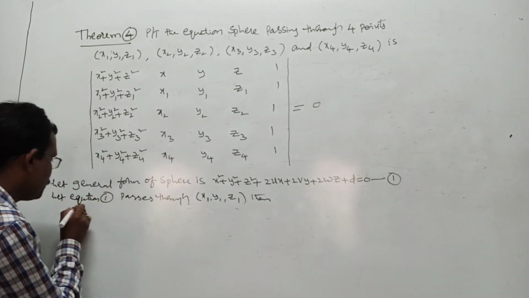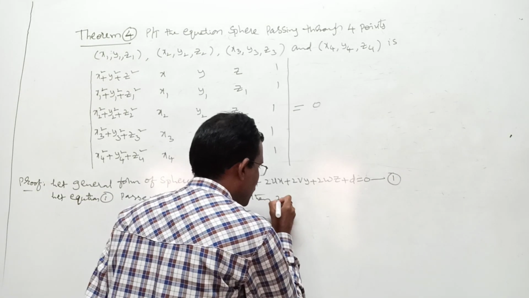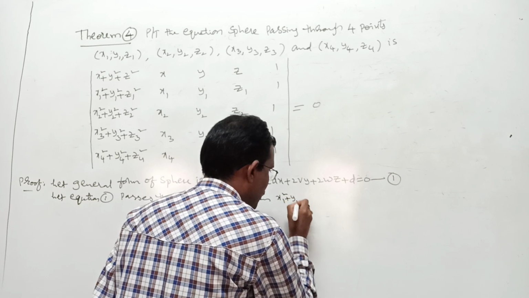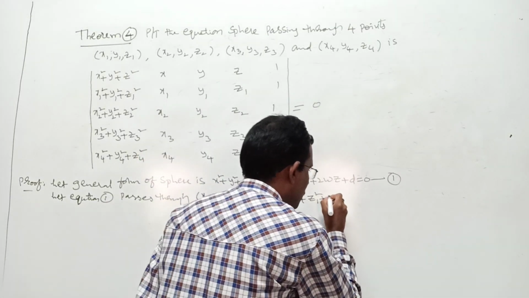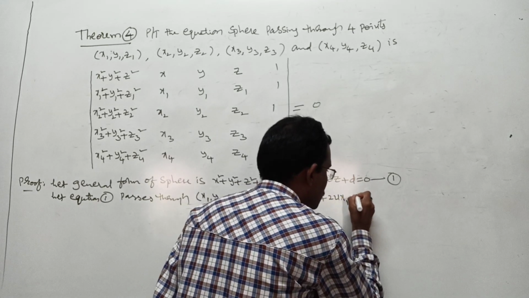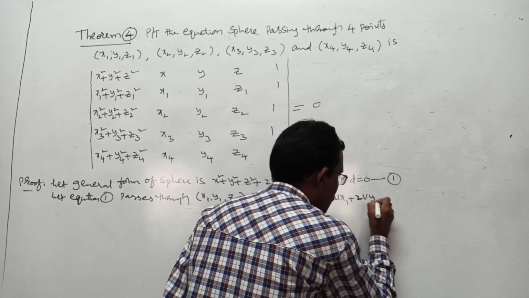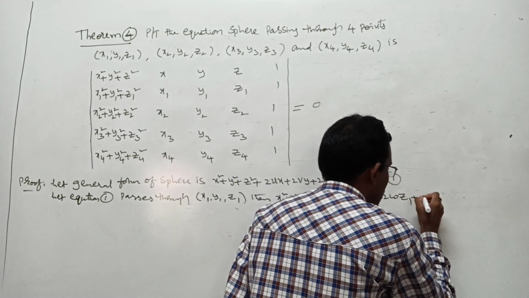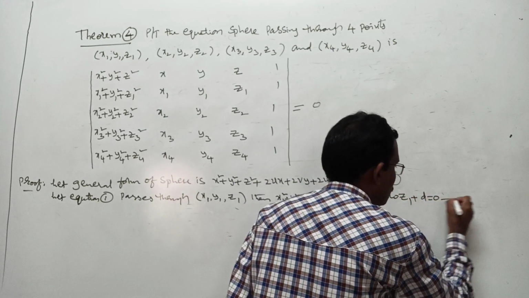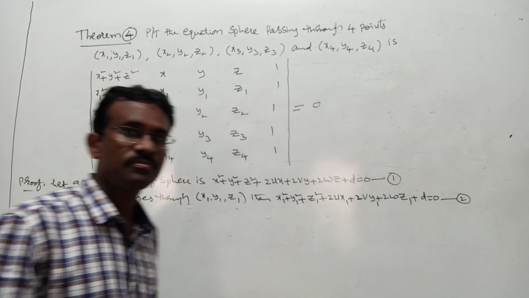Then you get x1 square plus y1 square plus z1 square plus 2ux1 plus 2vy1 plus 2wz1 plus d is equal to 0. Let us take this as number 2.